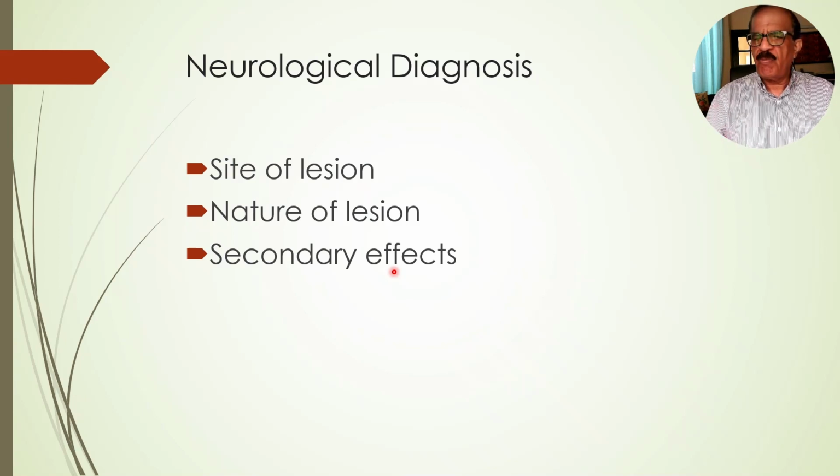There could also be some secondary signs, because the skull has a limited space. If there is a tumor, it takes space and is going to increase intracranial pressure, and there are some specific signs of raised intracranial pressure, so you have to look for them also. Hopefully after going through this, you will be able to make a reasonable diagnosis.